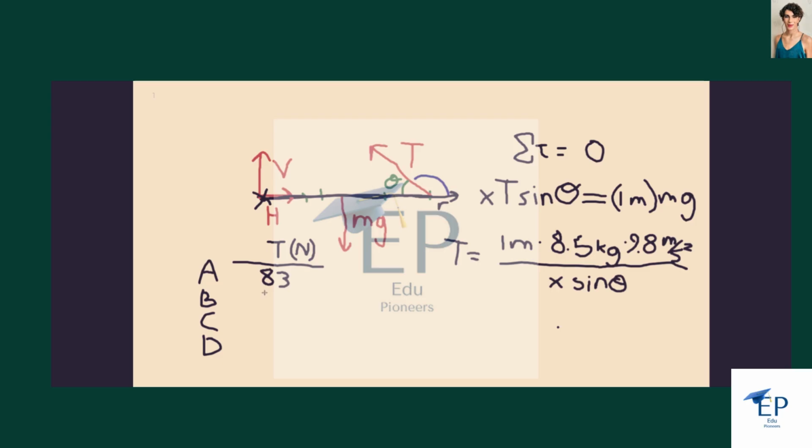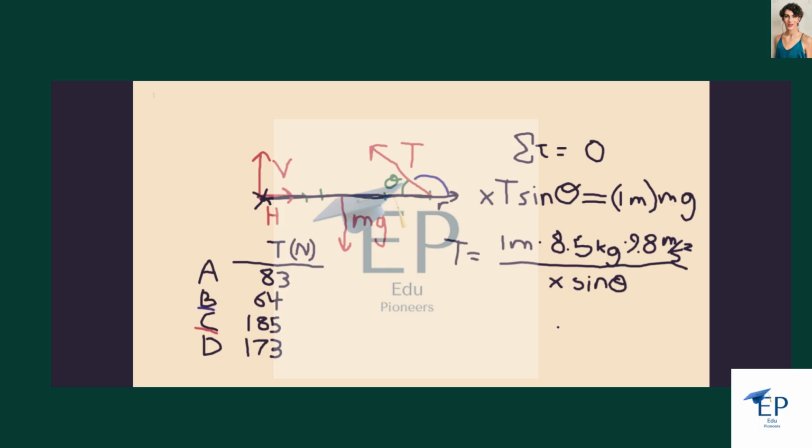Case B, we've got 64. Case C, we've got 184.6, or so 185. And case D, we've got 173. So the problem asks simply in which of these cases is the tension the greatest and the smallest. As we can see, it's the greatest in case C and the smallest in case B.